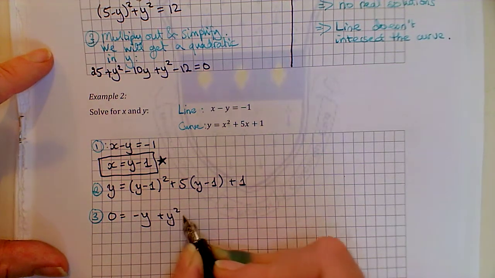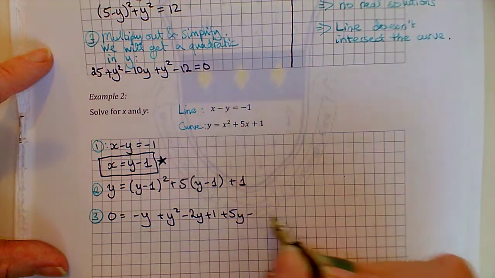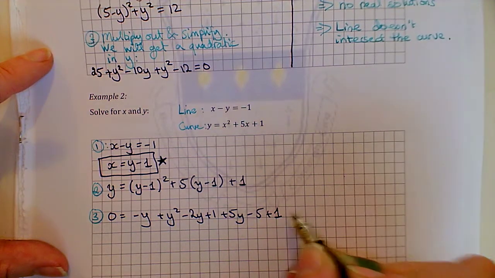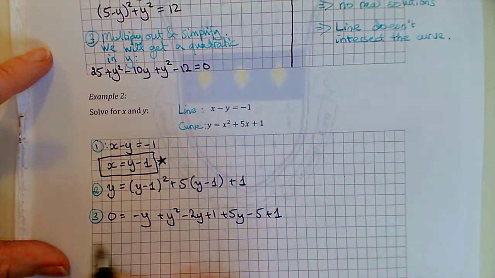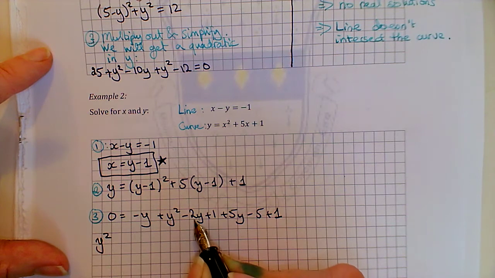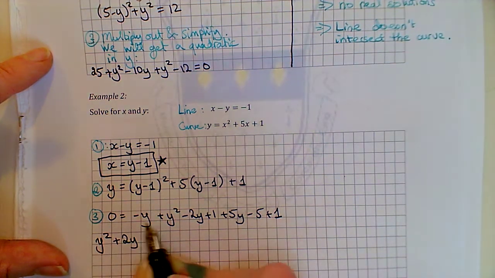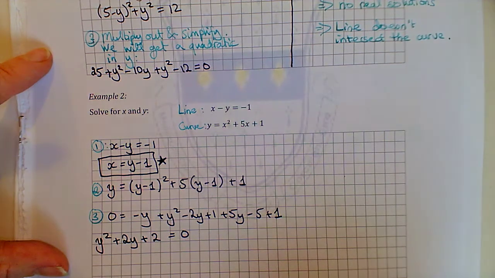Y squared minus 2y plus 1 plus 5y minus 5 plus 1. And then I'm going to tidy that up. So y squared minus 1 minus 3 plus 2 plus 2y, 1 plus 1 is 2 equal to 0. And just double check that again. Aha, I forgot that 5 there.